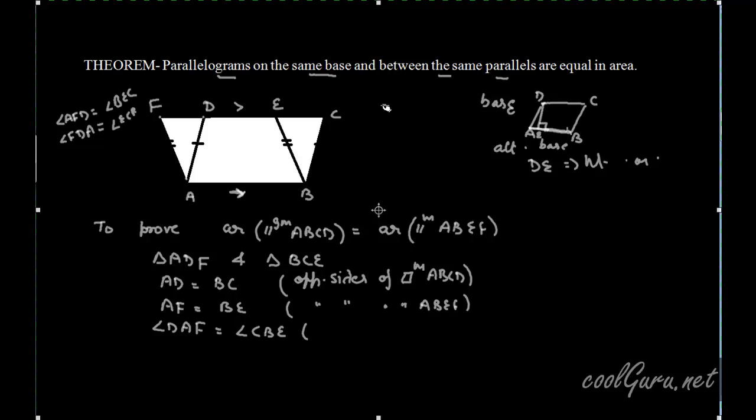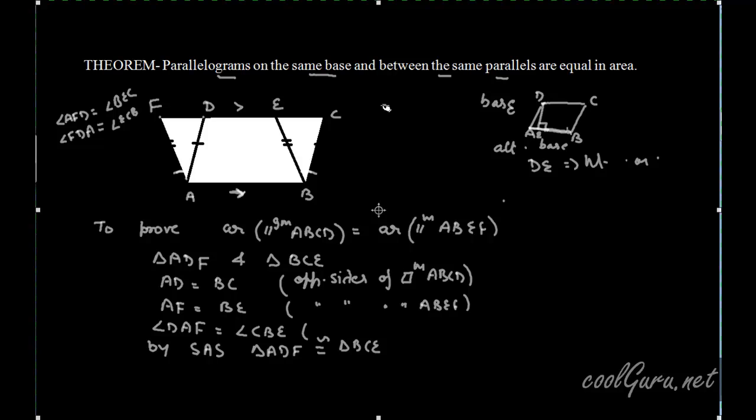These are also a pair of corresponding angles. So in these two triangles, if two corresponding angles are equal, then automatically the third angle is also equal to the third angle of the second triangle. Therefore, angle DAF is equal to angle CBE. So by SAS, these two triangles are congruent. That is, triangle ADF is congruent to triangle BCE.